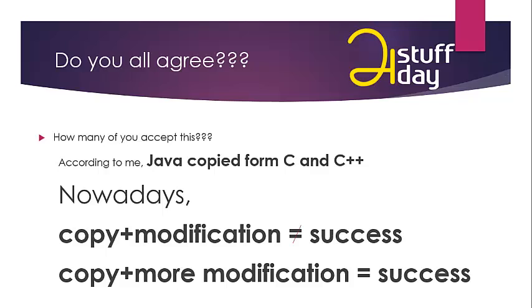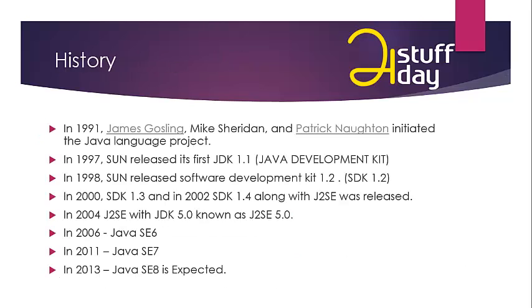Nowadays people say copying plus modification gives success, but I will say copying plus modification will not give success. Copying plus more modification gives success, and that's what Gosling did, and Java is a success today, and most of the companies are using Java as a major language to develop.